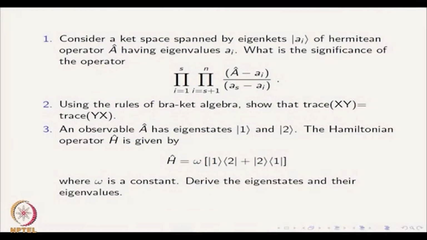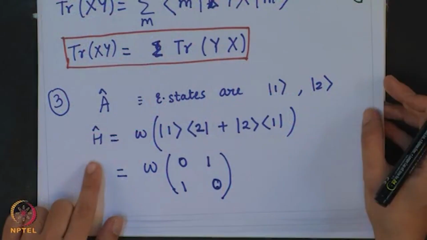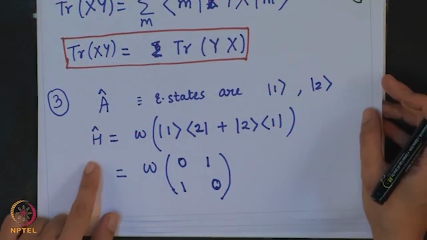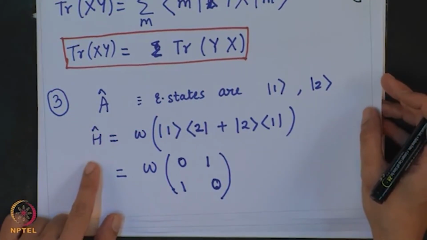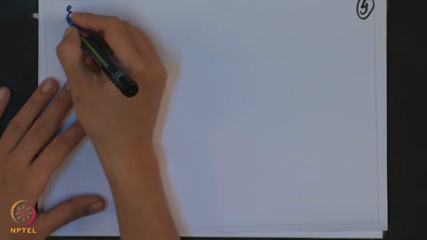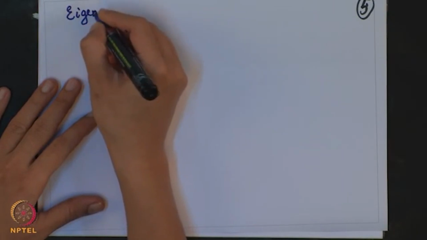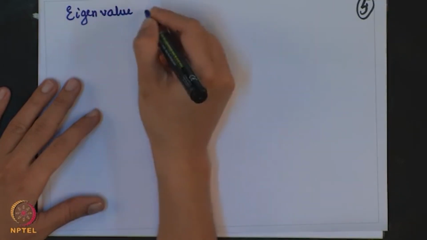Going further to the next part of this problem, where you have to calculate the eigenstate and the eigenvalue. You can see from this Hamiltonian operator and guess the eigenvalues. It is very simple. You remember the eigenvalue equation.